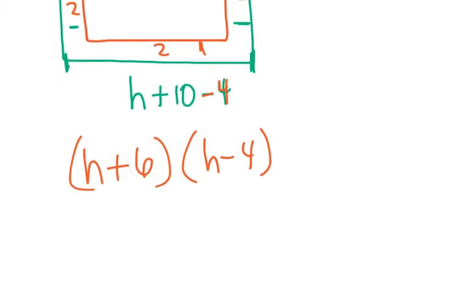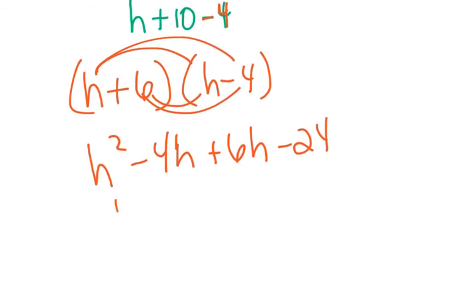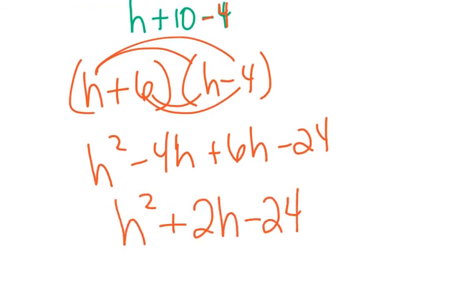And when I multiply that together, I'll have h squared minus 4h plus 6h minus 24. So that simplifies to h squared plus 2h minus 24 units. Oh, it's actually feet. I know that one. Feet squared.